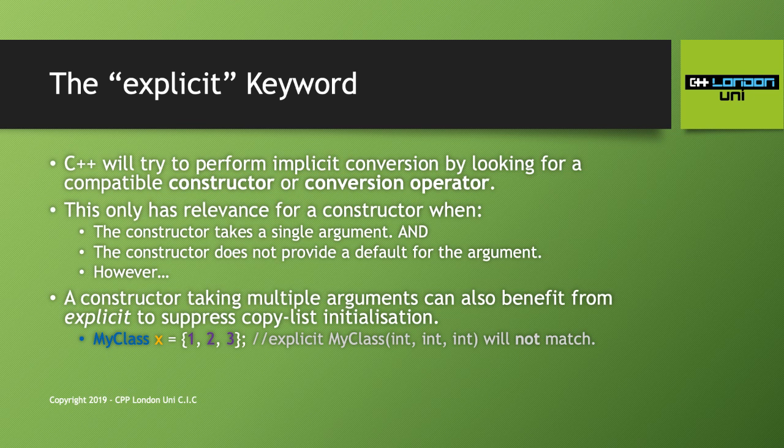If I use the assignment operator with what's called an initializer list, and I make it explicit, so I have explicit my class int, int, int, then it won't match and this won't compile, which probably isn't that useful really. You probably do want it to compile, but it's worth knowing that if someone has an initializer list, you can use explicit to prevent it from compiling. But this is still fine, of course, if you don't use the equals sign, no problem. But again, it's just C++11.